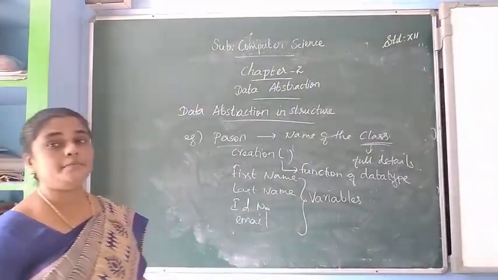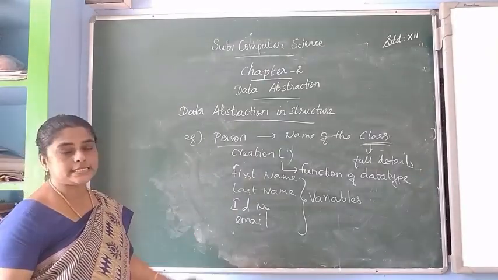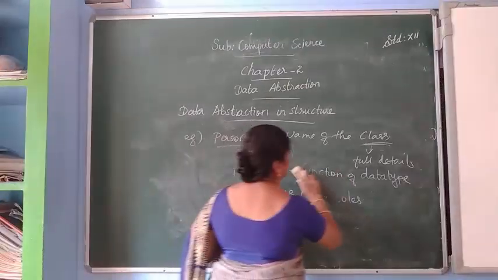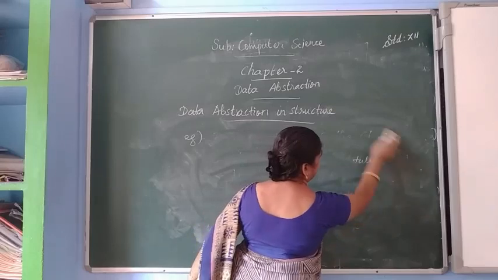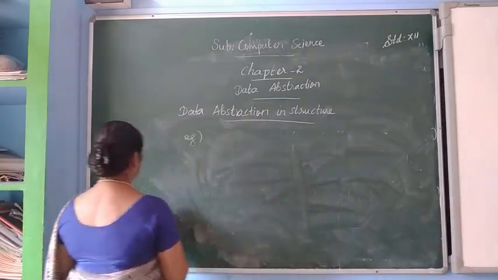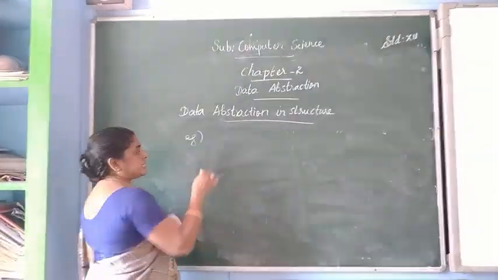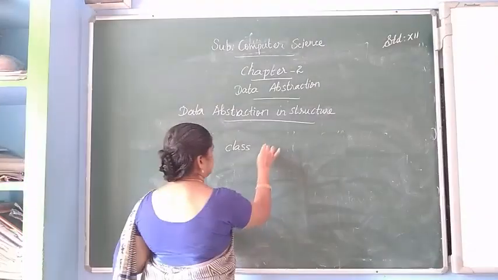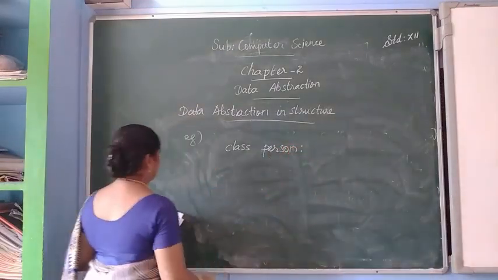Okay. Then this can be written as a program. How can we see? A small program, data abstraction using structure: that is class, then person, colon, then creation.